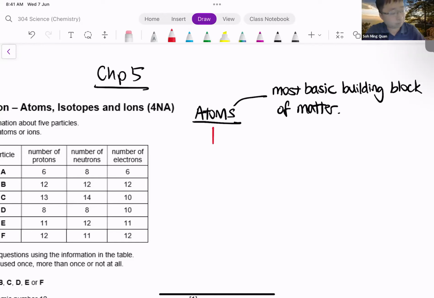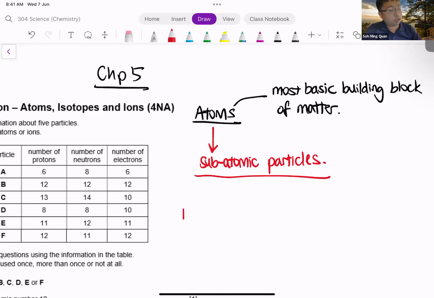And atoms contain subatomic particles. The word particles, you are familiar, something small, right? Subatomic means inside an atom, what is there? Inside an atom, there are three particles: protons, electrons, and neutrons. I'm sure you are familiar with these three.